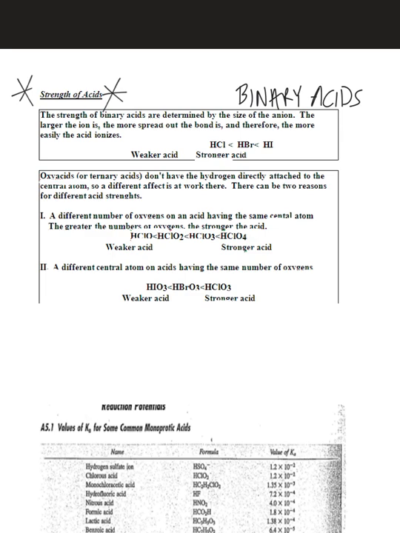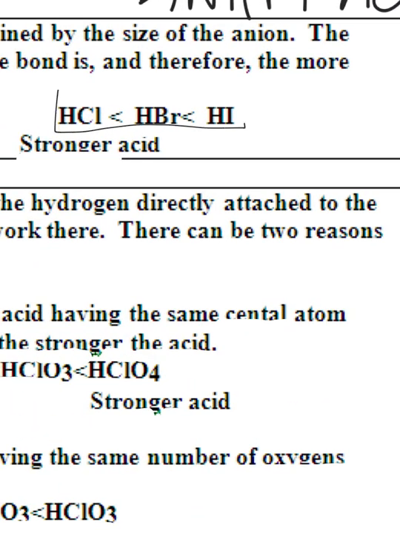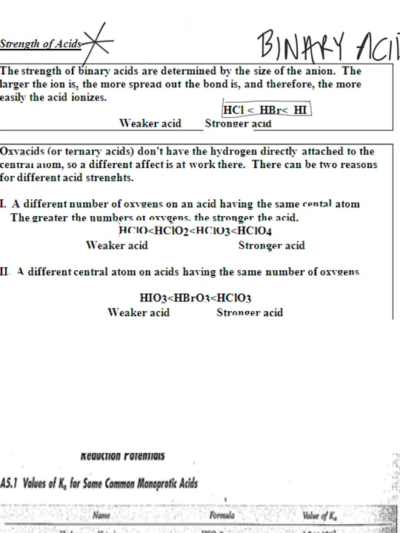The larger the ion is, the more spread out the bond is, therefore the more easily the acid ionizes. So here they've given you a comparison. Remember all of these elements, iodine, bromine, chlorine, are all in the same family. So basically they have a tug of war with this hydrogen.